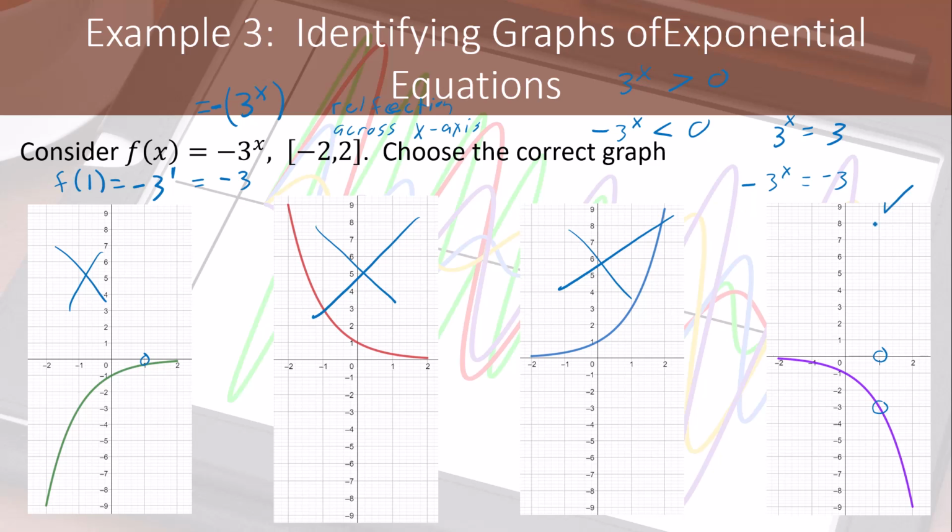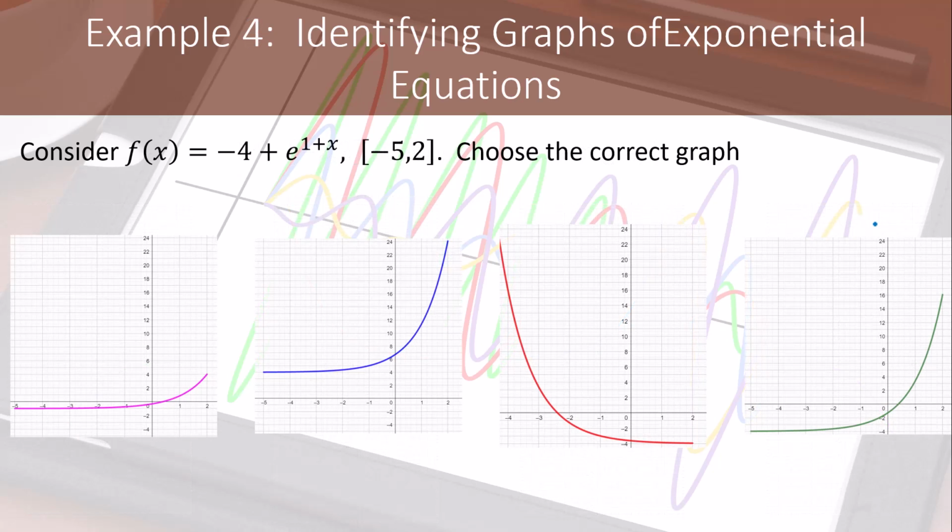Okay, next one. Well, this one's even more fun, and here we still need to apply a little more about the beginning of Chapter 2 to figure this out. So here, we have f of x is equal to negative 4 plus e to the 1 plus x power. Or if I wanted to, I could write this as negative 4 plus e to the x plus 1.